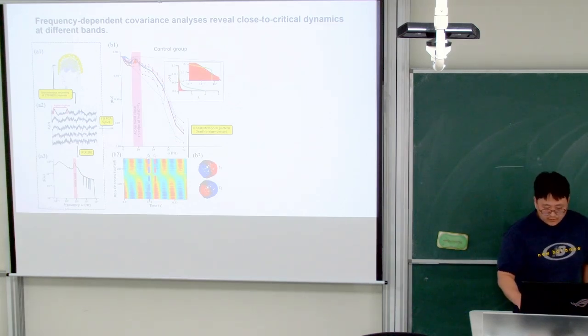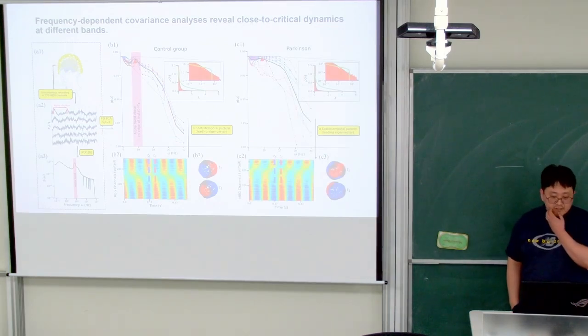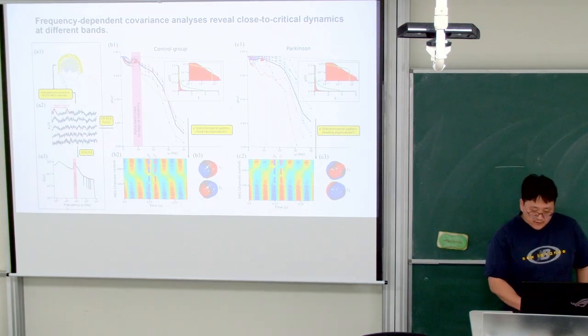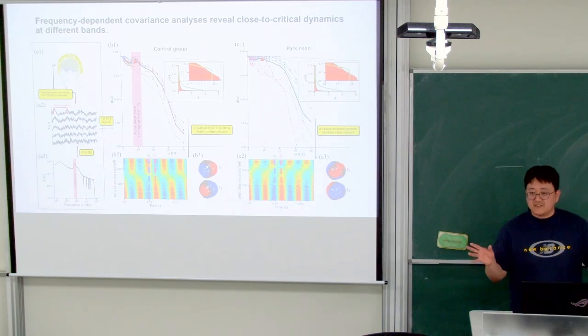Okay, so they also applied this approach to patients with Parkinson's symptoms. So in this profile, they argued that there is a small hump in here, and I don't know, compared to this profile, I cannot find any difference, but they mentioned that the critical dynamics is present in both cases.